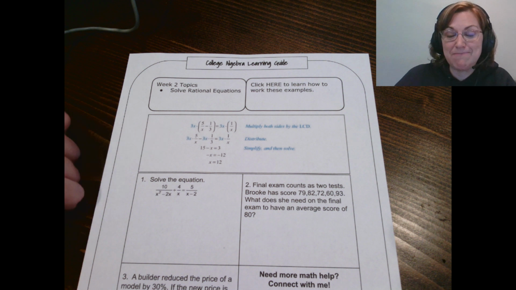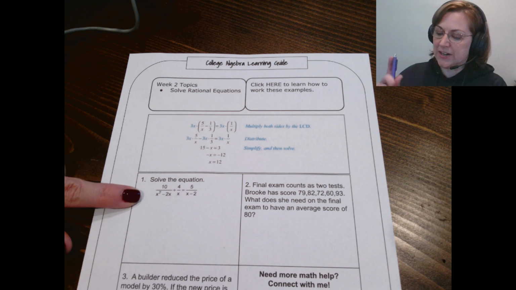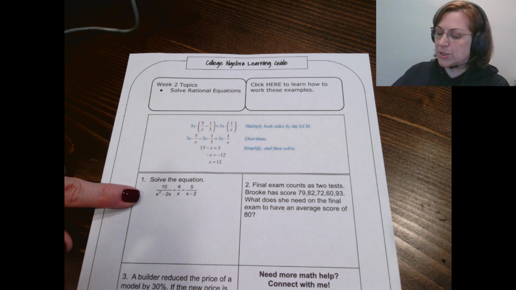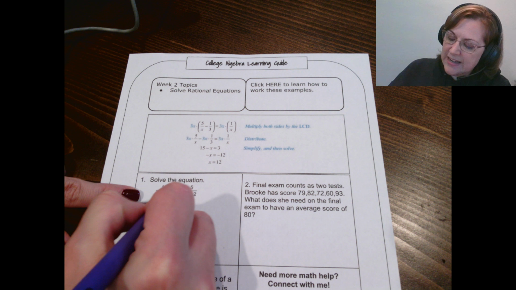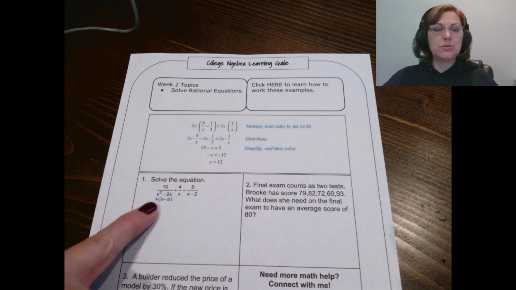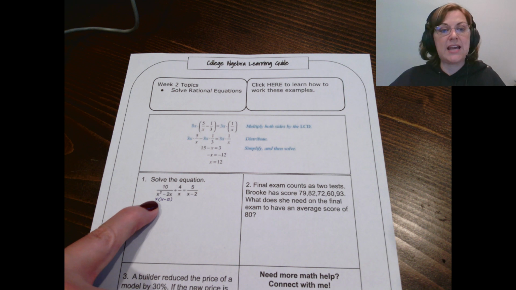Let's jump in. So we've got an equation here that is a little bit more complicated. If you'll notice from part 5, our equations are getting more and more complex. I notice that I need to get rid of my denominators. And so you'll see that I factored that first fraction, that denominator, as x times x minus 2.